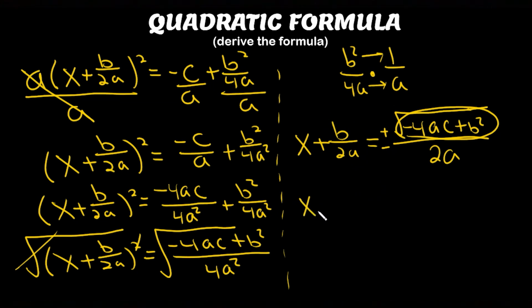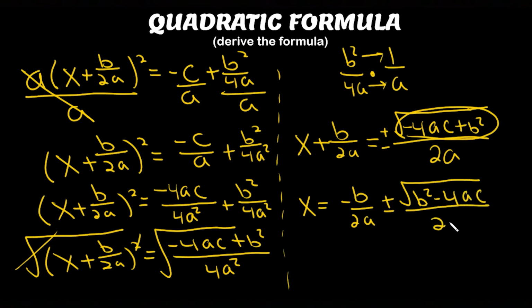I'm going to have x equal to negative b over 2a, just moving this over, right? And then I have plus or minus square root of, we're going to rearrange the order here. It's going to be b squared, so positive b squared, right? And then minus 4ac all over 2a. And this is actually done, but since we have the same common denominator, we can combine our numerators now and write it underneath the same denominator.